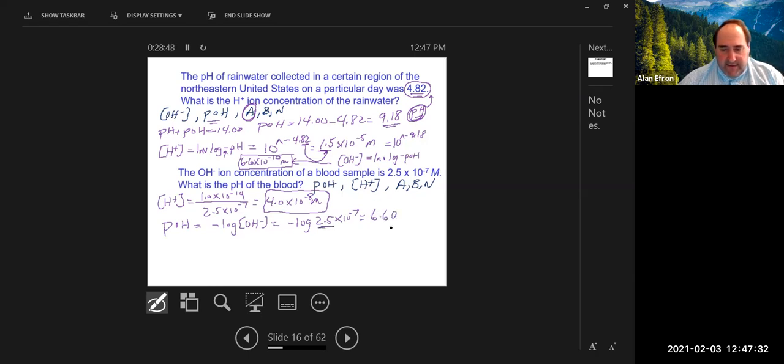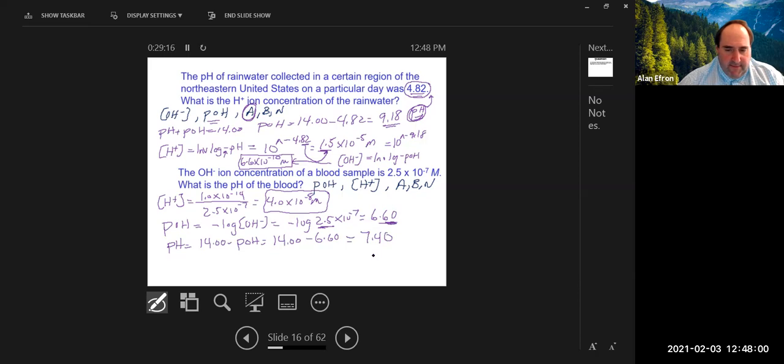Again, 2 sig figs, 2 decimal places here for our pOH. Now that we have that, our pH would be 14 minus our pOH. So that's 14 minus 6.60, which gives us 7.40 as our pH.